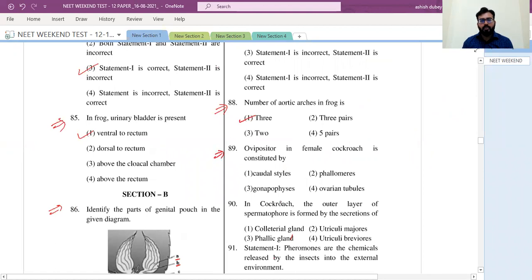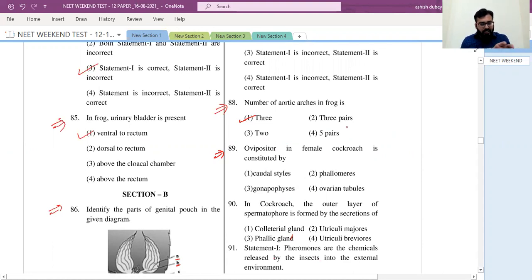Question number 89. Ovipositor in female cockroach is constituted by. Ovipositor is the structure actually where the eggs are being laid down. Okay, so it is actually the structure which is made by gonapophysis. Gonapophysis are what? See, phallomeres join together to form a structure known as gonapophysis.